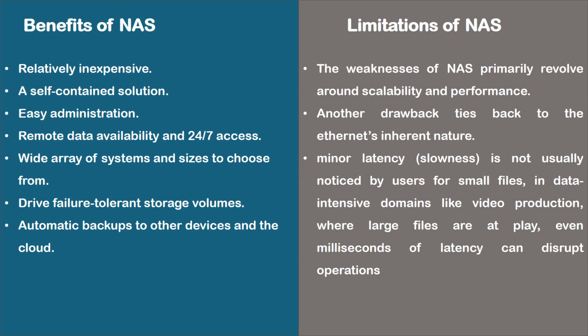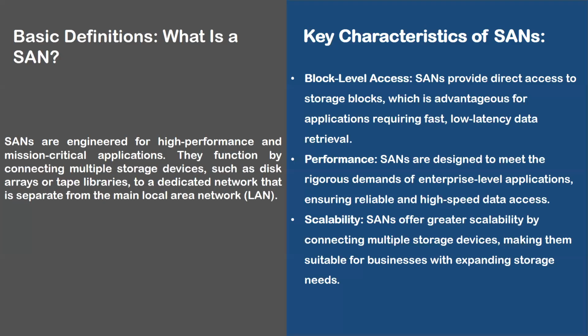Although minor latency is not usually noticed by users for small files, in data intensive domains like video production, where large files are at play, even milliseconds of latency can disrupt operations, particularly video editing workflows.